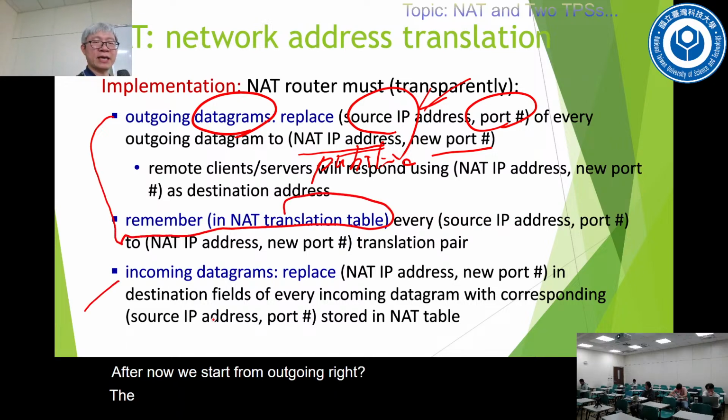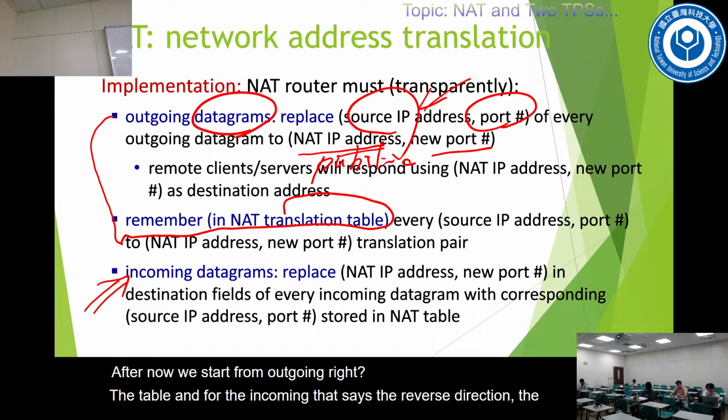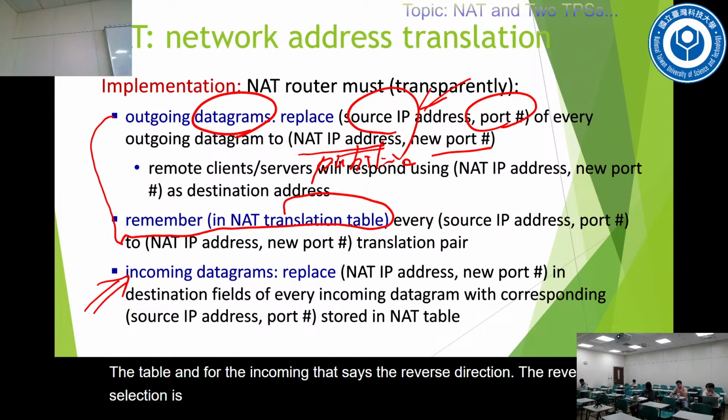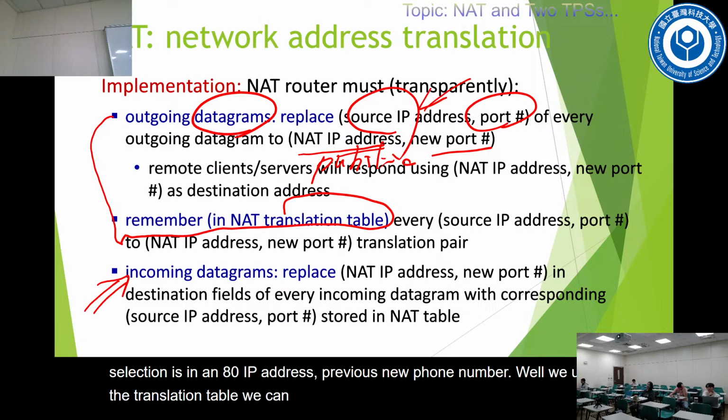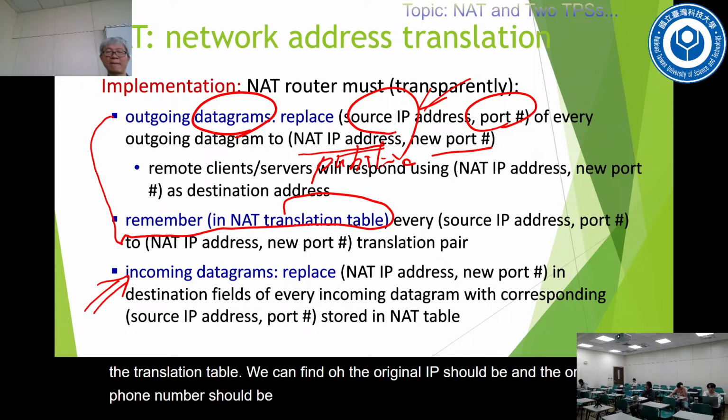And for incoming, that is the reverse direction, using the NAT IP address and the previous new port number. We use the translation table to find what the original IP and original port number should be, so we can translate properly.